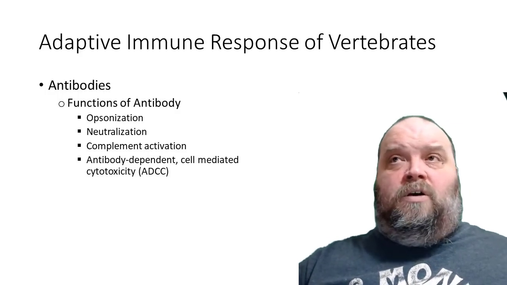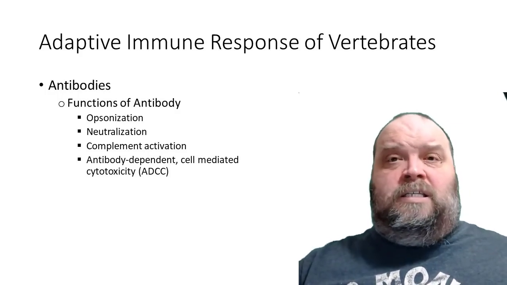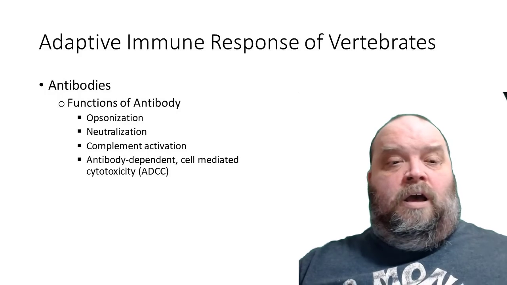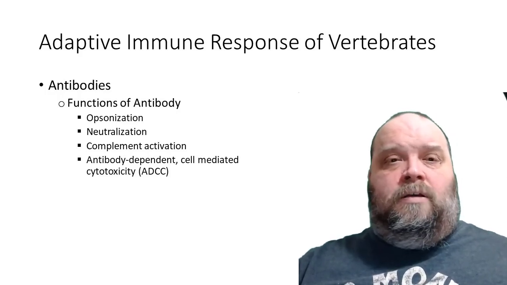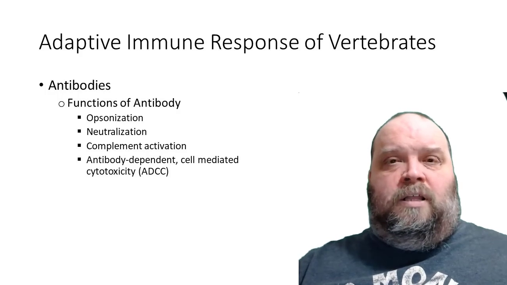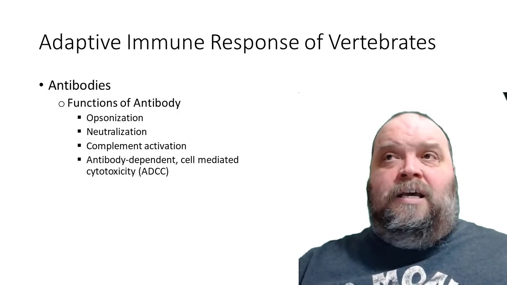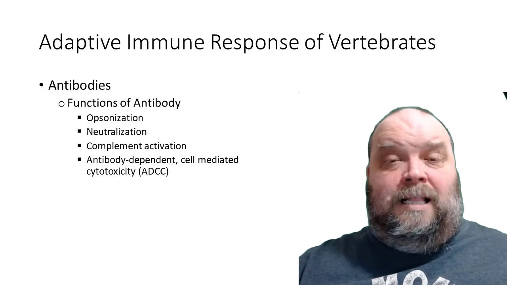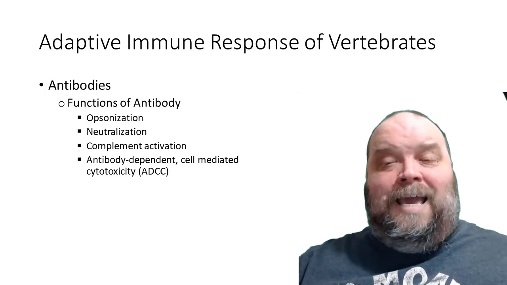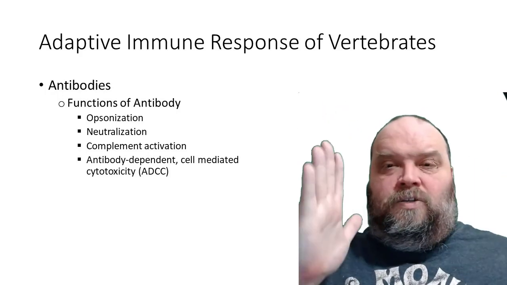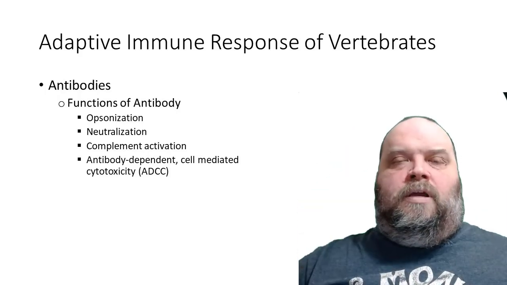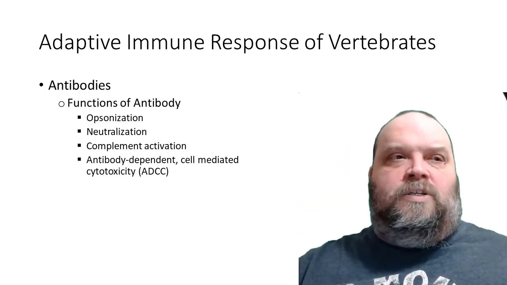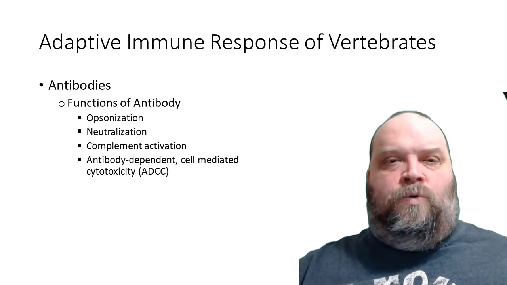Neutralization, if it's a foreign protein, such as a toxin or a toxoid. Complement activation, as we talked about in previous lectures on the innate. Complement, specifically the classical pathway, needs antibodies bound to the surface of something. Antibodies will start complement activation, triggering C1 cleavage, which does C2, C3, and so on.